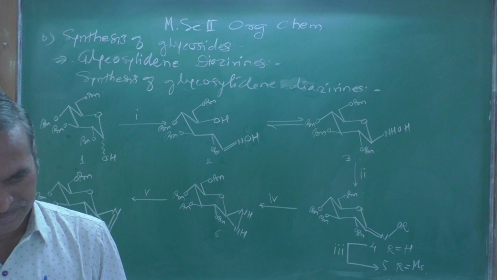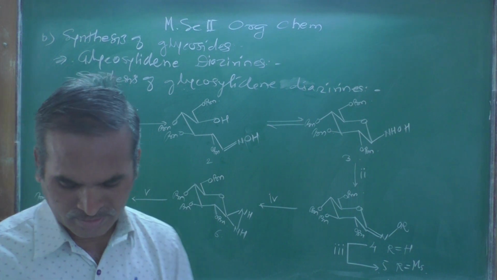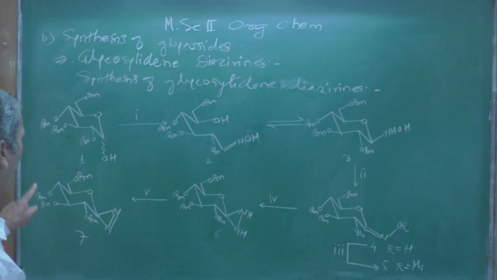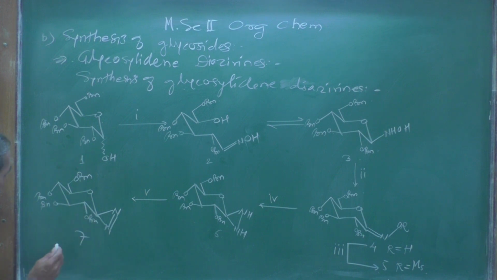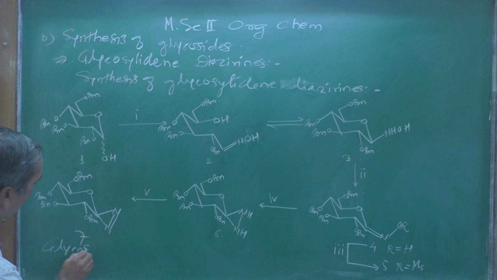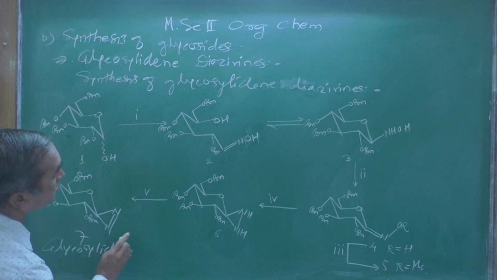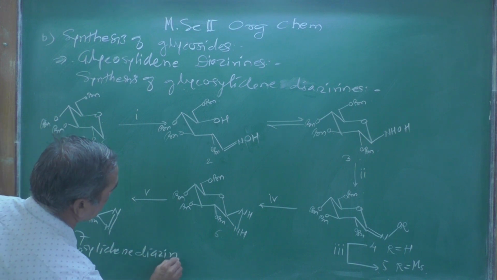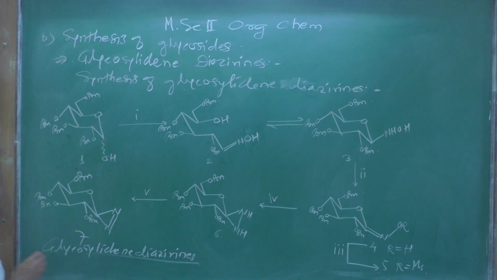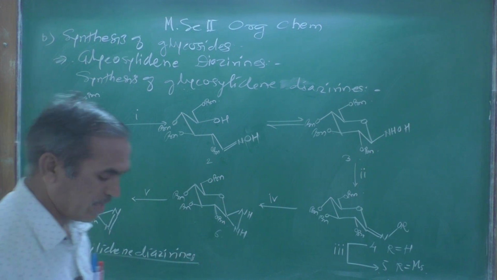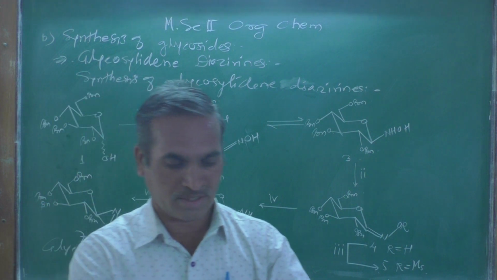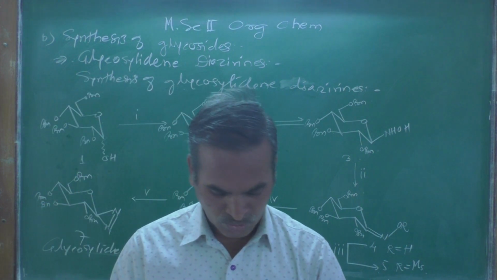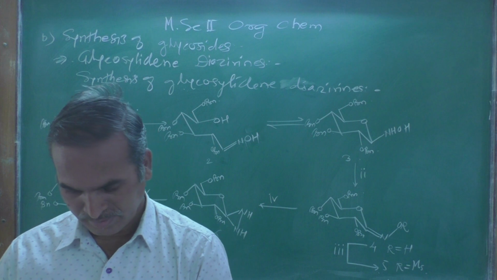So this structure number 7 is nothing but a glycosylidene diazirine. That is the structure which we got over here.